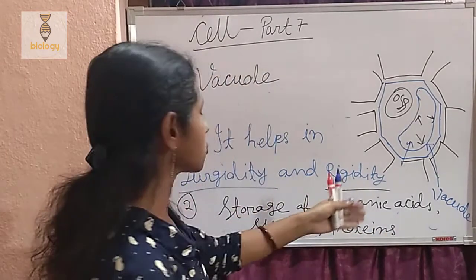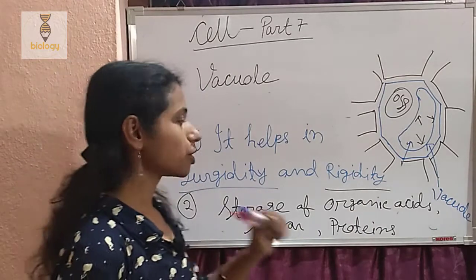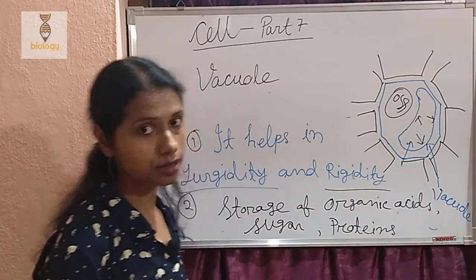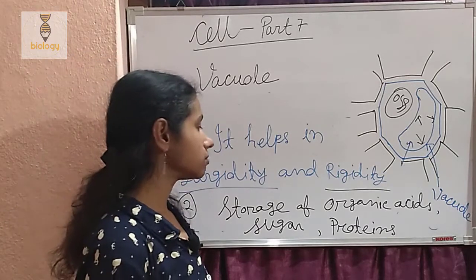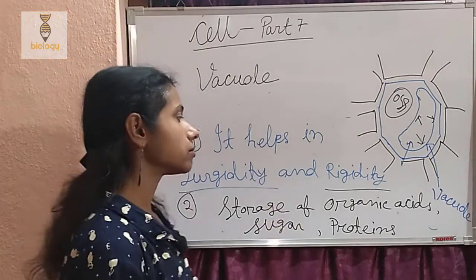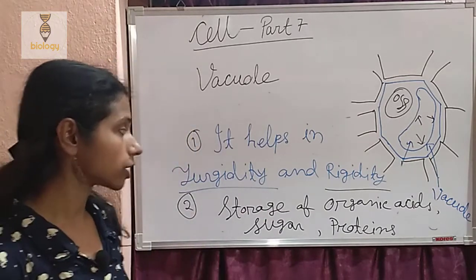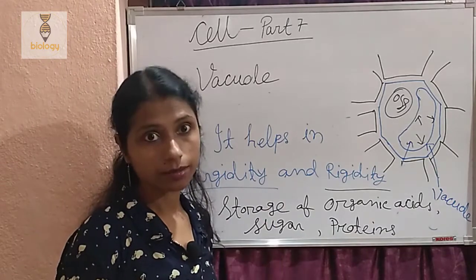So it stores some organic acids like amino acids, sugar and protein. So it works as a storage substance. Even in amoeba, the vacuole is present. In amoeba, what they actually do is store all the food items.